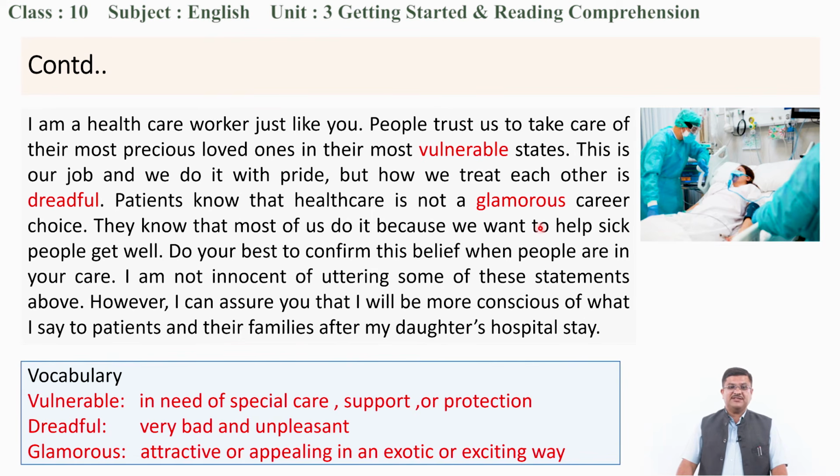They know that most of us do it because we want to help sick people get well. Do your best to confirm this belief when people are in your care. I am not innocent of uttering some of these statements above. However, I can assure you that I will be more conscious of what I say to patients and their families after my detailed hospital stay.